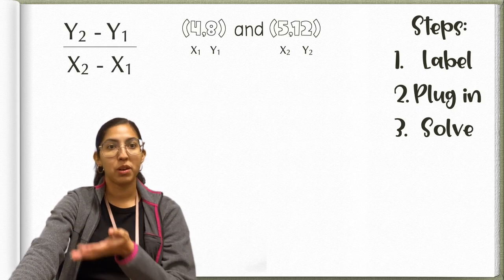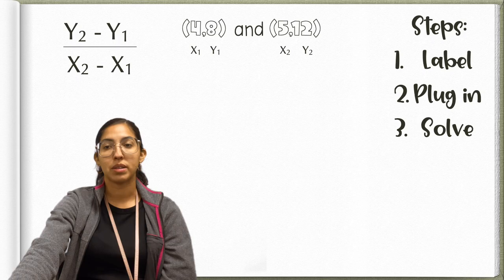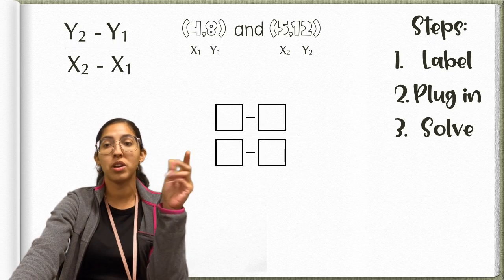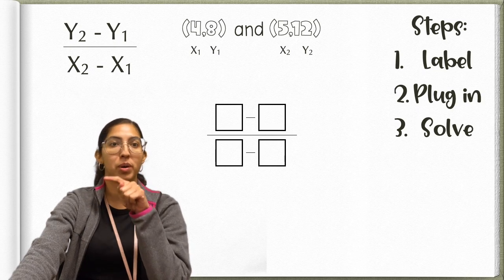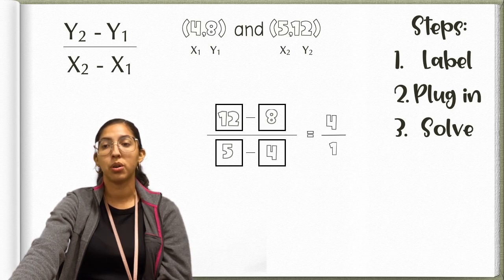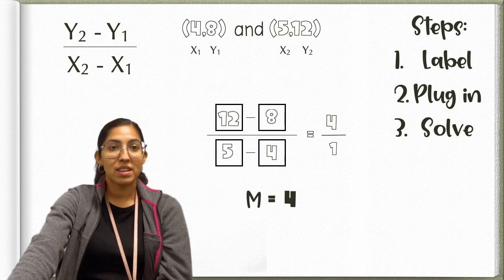Next, we have our formula y2 minus y1 over x2 minus x1. So we're just going to take each one that we've already labeled and put it into the spot it belongs to. So this 12 goes into y2, this 8 goes into y1, that 5 moves into x2, and the 4 moves into x1. This equals 4 over 1, which simplifies down to 4.